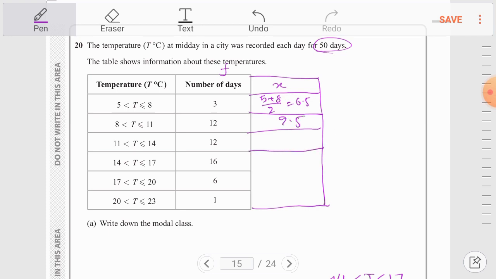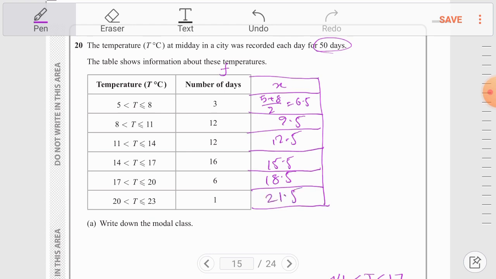Again repeating the same method for 11 and 14, and we get 12.5. Doing the same for 14 and 17, and we get 15.5. And then 17 plus 20 divided by 2 is 18.5. And 20 plus 23 divided by 2 is 21.5.